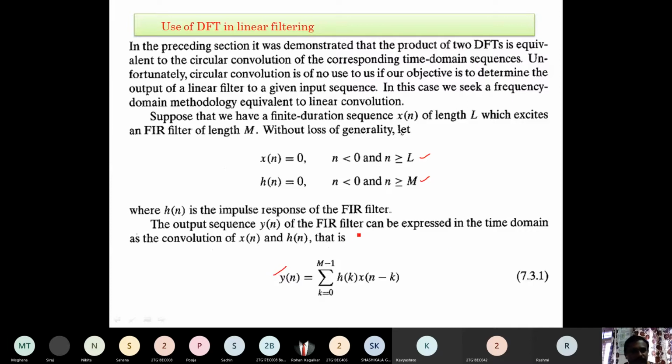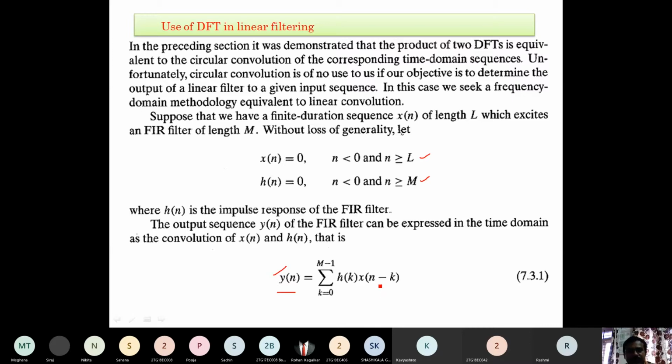If you want to calculate the output sequence y of n of the FIR filter, it can be expressed in the time domain as a convolution of x and h. It is given by y of n equals the summation over k from 0 to m minus 1, the length of the h signal, of h of k into x of n minus k, the shifted version of x.